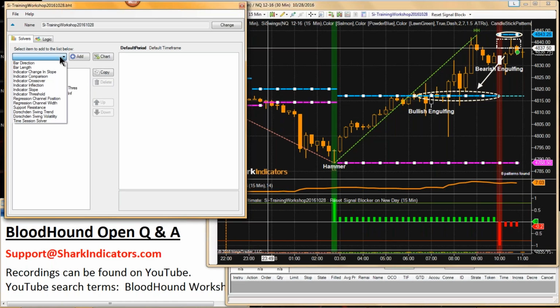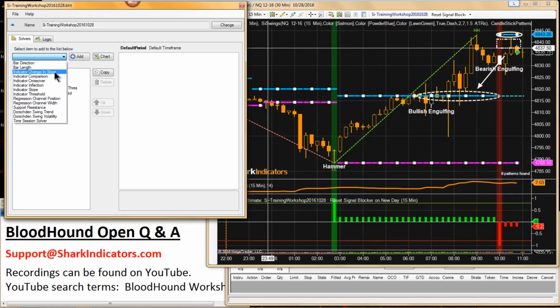The solver was giving an output going from 1 to 0.66 to 0.33. Sometimes people use the change in slope thinking that is a slope solver, but no.